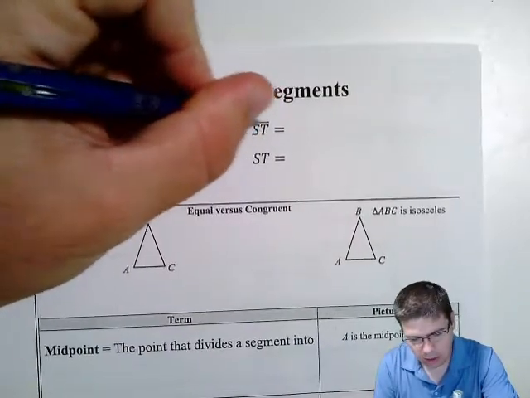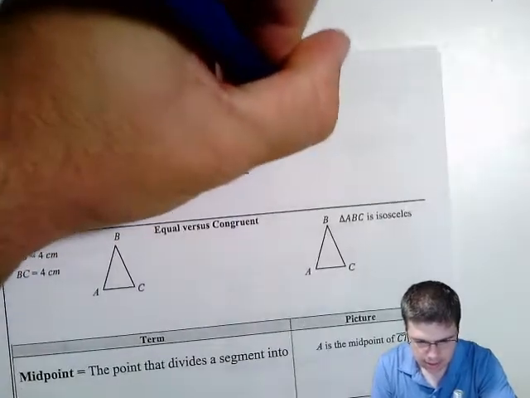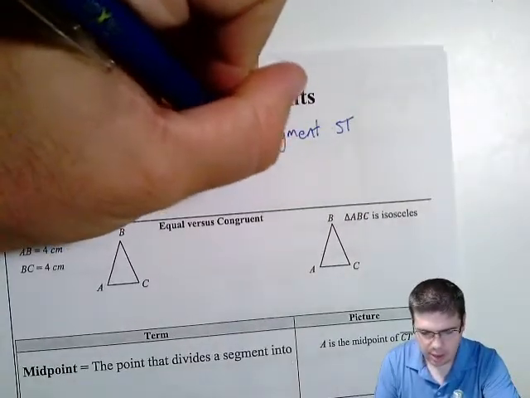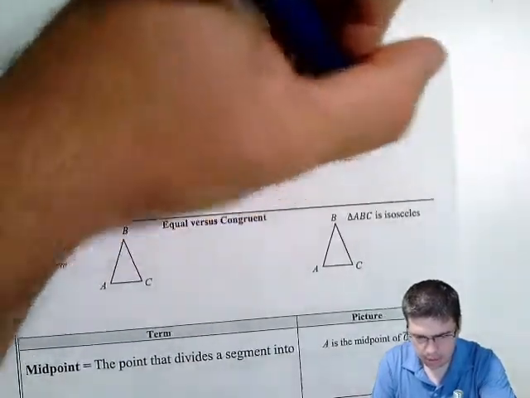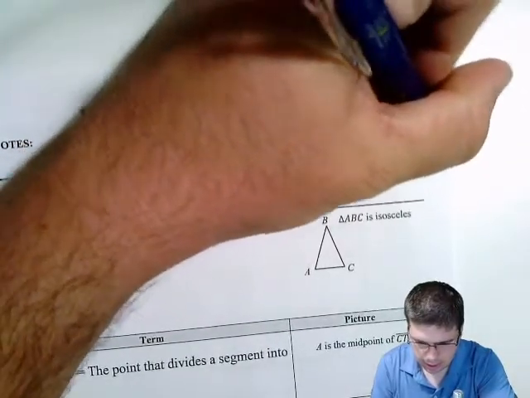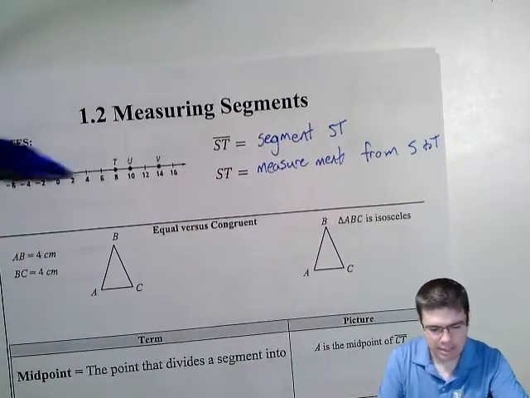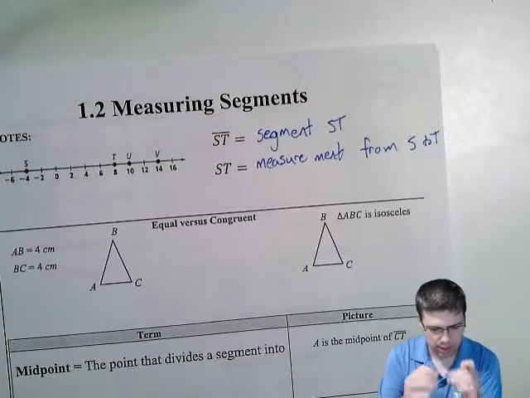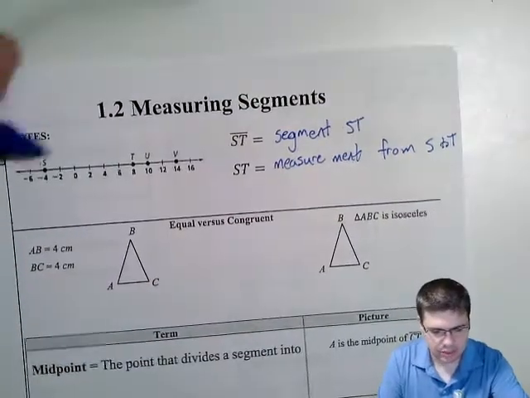ST with the line over top of it is saying segment ST, whereas just ST with no line over top of it, that's talking about the measurement from S to T. In this case, we're actually going to come over here and measure the distance from S to T. So segment ST is talking about the actual visual thing, the image, whereas the measure of ST is actually a number.